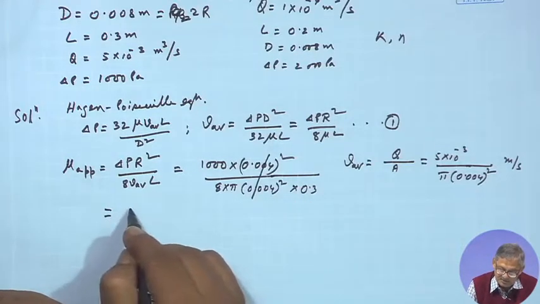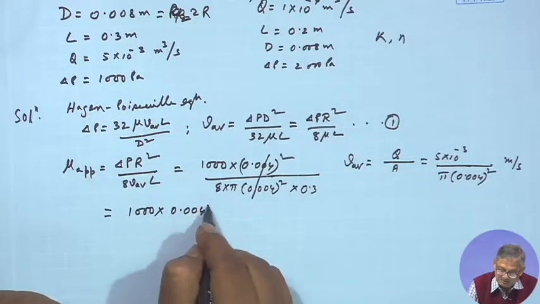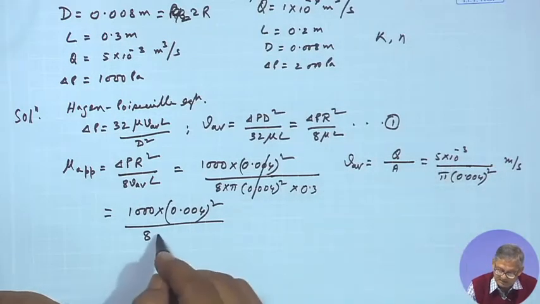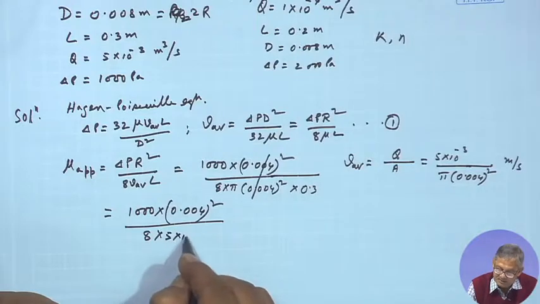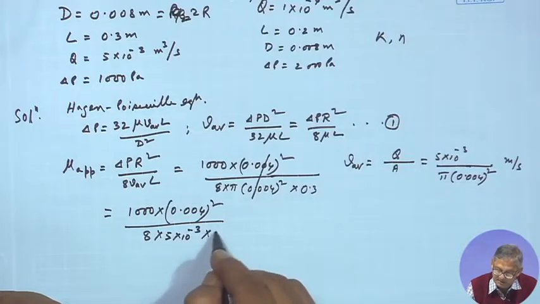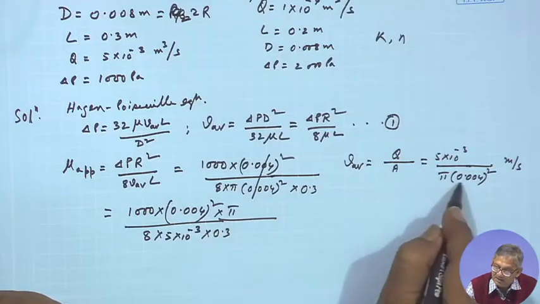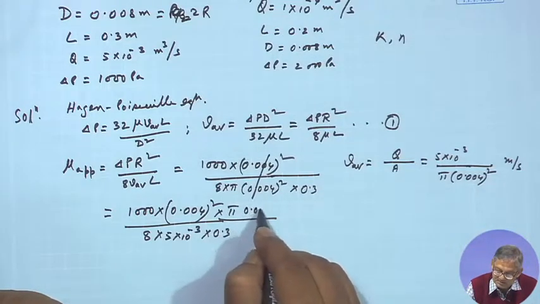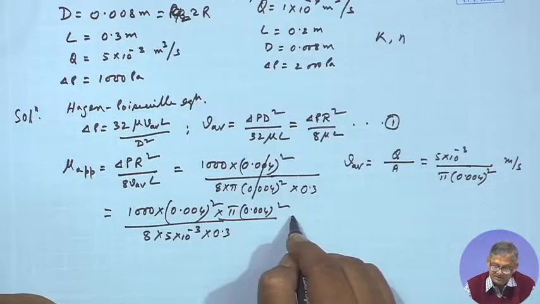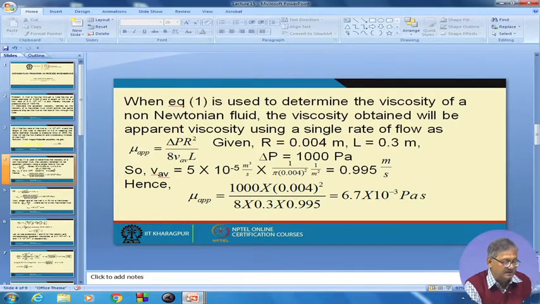Yes, we have done wrong. 1000 into 0.004 square by 8. V average is that, so into 5 into 10 to the power minus 3 in the denominator, into L is 0.3, the numerator is pi, and this is 0.004 square. Okay, let us look into that.